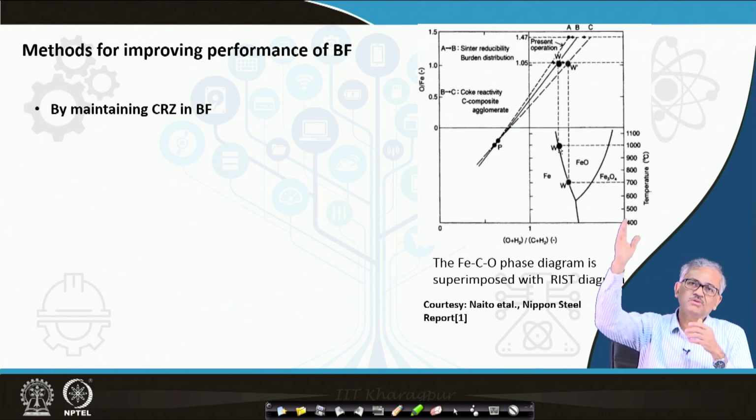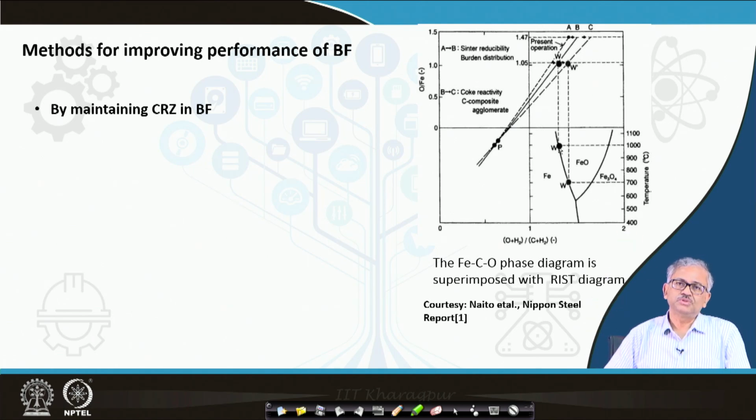So you will always leave some amount of CO going out into the atmosphere. Under the most optimized condition, we have seen direct reduction 54%, indirect reduction 46%, and still around 40%, 14% CO has to go out of the blast furnace. That is under the most optimized condition.